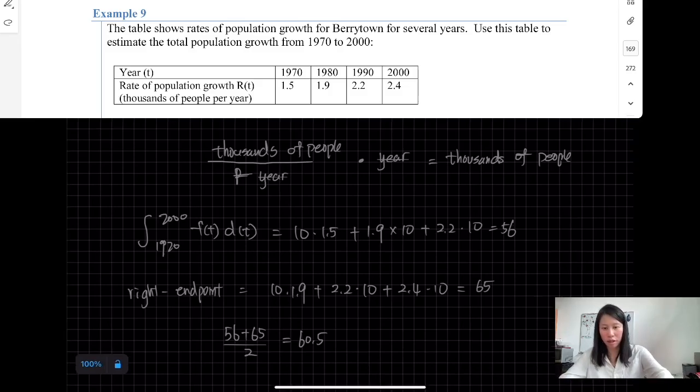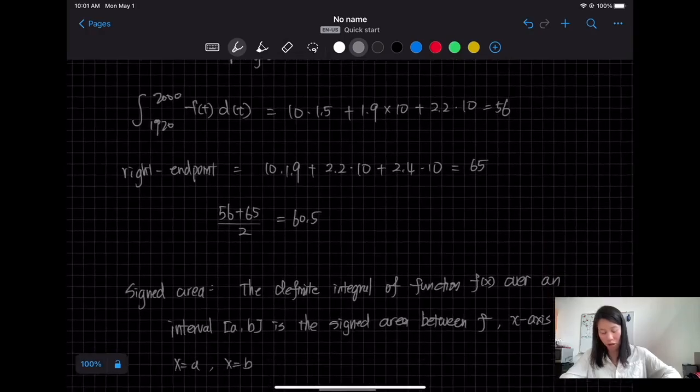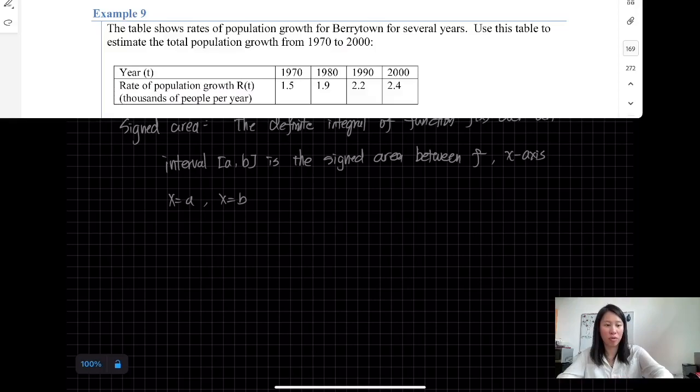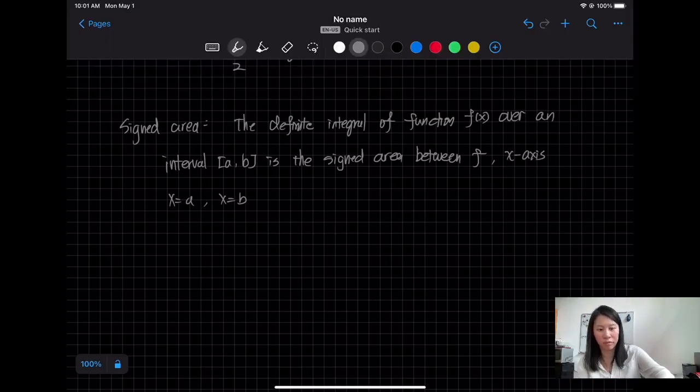So now let's talk about signed area. The signed area is the definite integral of a function f(x) over an interval a to b; it is the signed area between f, the x-axis, x equals a, and x equals b.